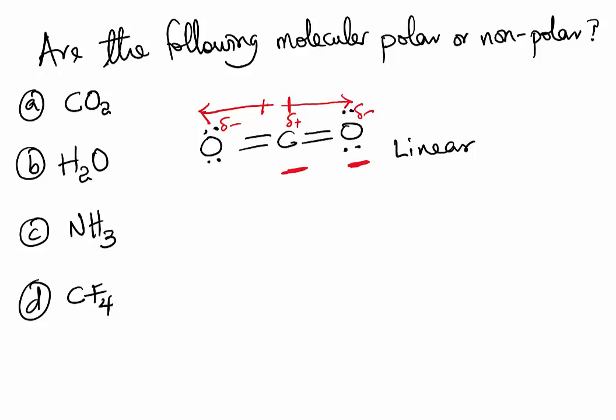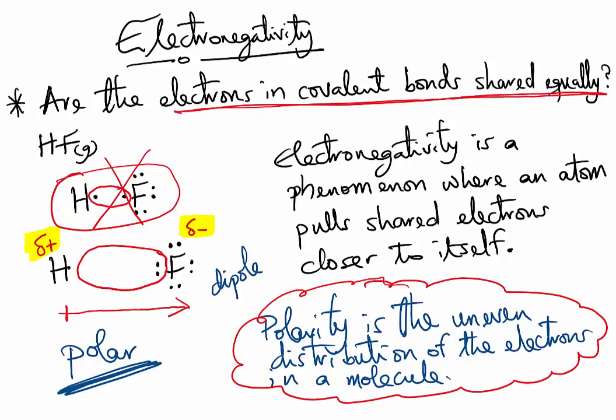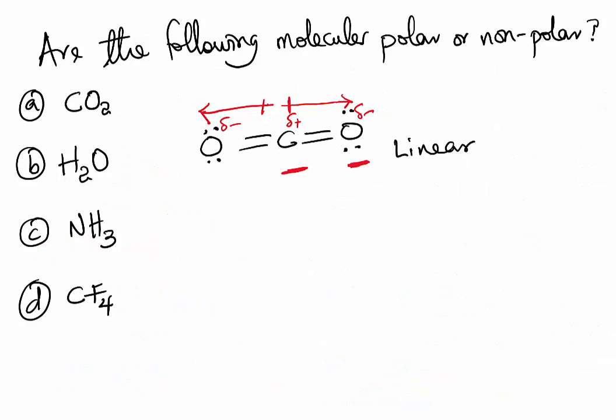But remember the definition of polarity. Polarity is the uneven distribution of the electrons in a molecule. In carbon dioxide, both sides of carbon dioxide are equally rich.